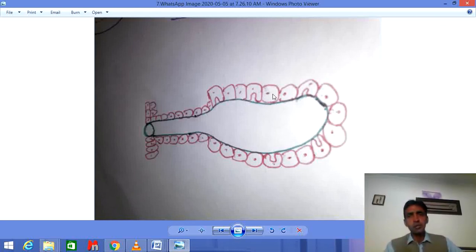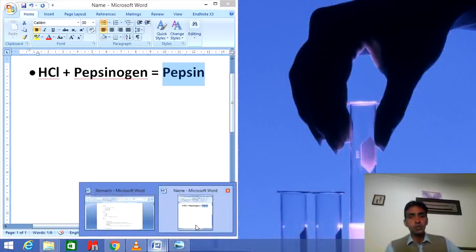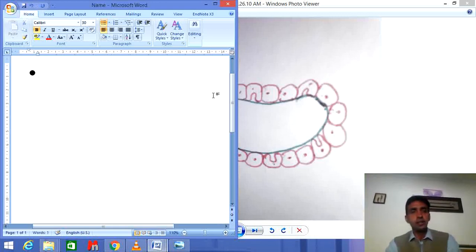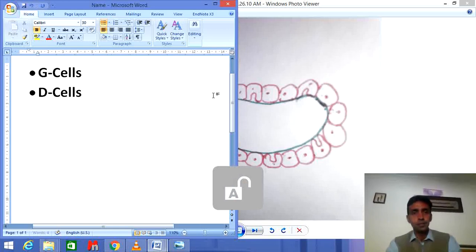Now other types of cells are also present in this gastric gland, around the gastric gland lumen. The other types of cells are G cells, D cells, EC cells, and ECL cells.